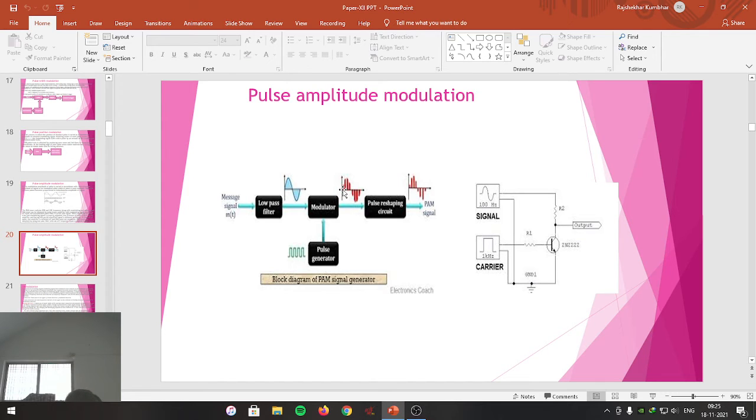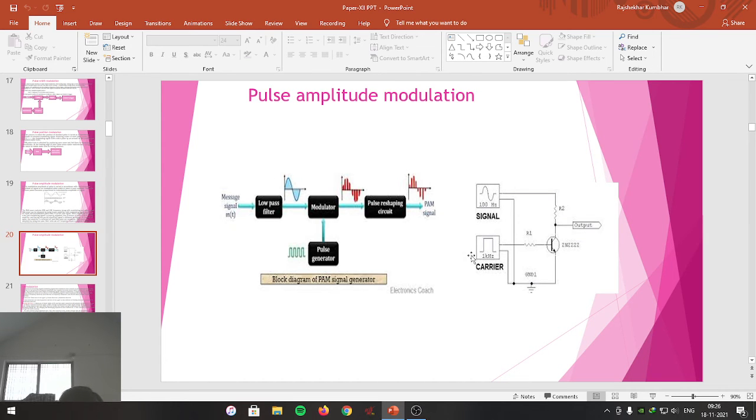Like that, pulse amplitude modulated signals are available at the output of the modulator. This output is given to the pulse reshaping circuit. Pulse reshaping circuit is like a Schmitt trigger circuitry. It will reshape the signal, and at the output a pulse amplitude modulated wave is available.